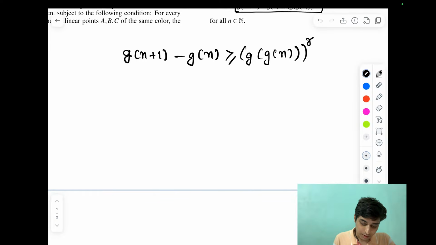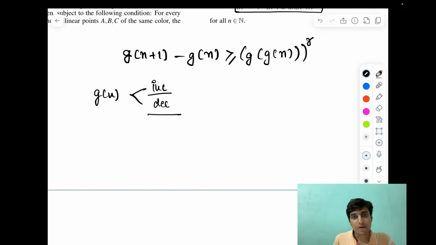Then g of n can be two cases: it's increasing or decreasing. Only these two cases. Either it would be an increasing function or a decreasing function. Let's check whether it satisfies to be an increasing function or a decreasing function.